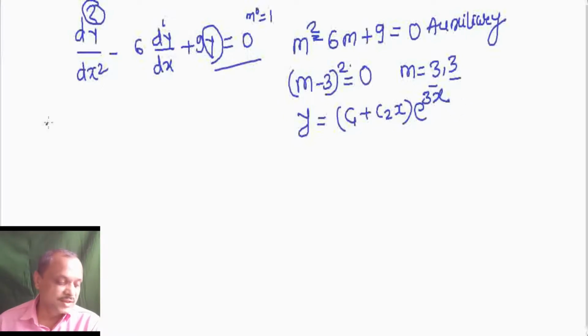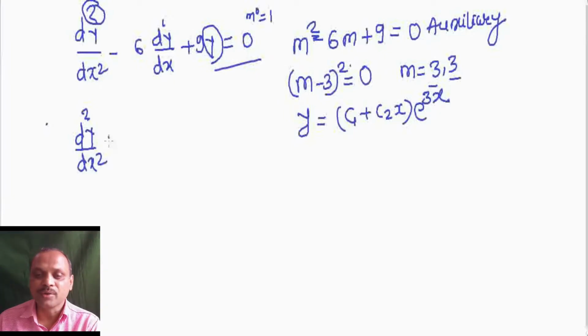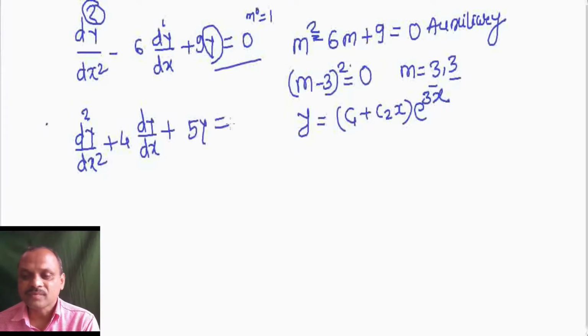Now let us see an example where the roots are imaginary. d²y/dx² + 4 dy/dx + 5y = 0. Now here again you can write the auxiliary equation.